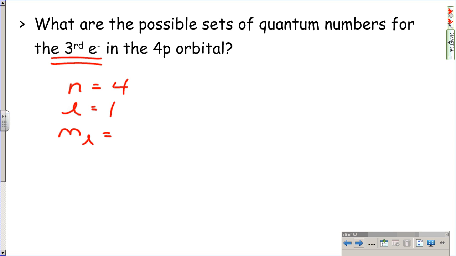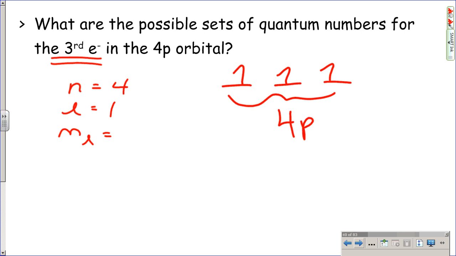So the 3rd electron in the 4p orbital. Let's go with 1, only because I'm going to stick with what I said earlier. If this is 4px and this is 4py, this is 4pz, this goes from -1 to 0 to +1. Now we can't assume that all the time, but we're going to stick with the general rule we set for ourselves.